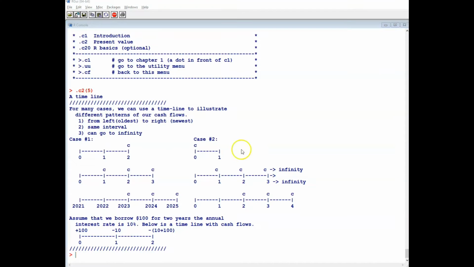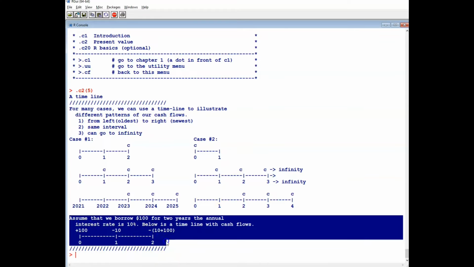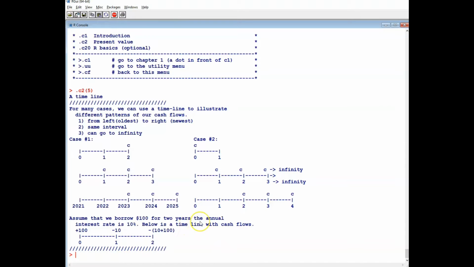Let's look at a concrete example. Assume we borrow $100 for 2 years. The annual interest rate is 10%. We can draw a timeline: 0, 1, 2. At time 0, we have a cash inflow of $100.